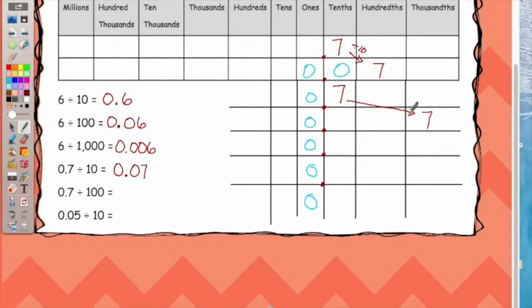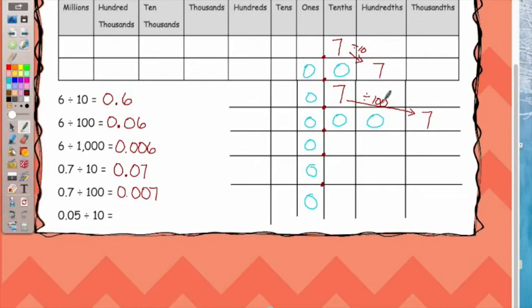Okay, so 7, what? 7 thousandths. Good. 0.007. Oh, what did I forget to do? I didn't write divided by 100.